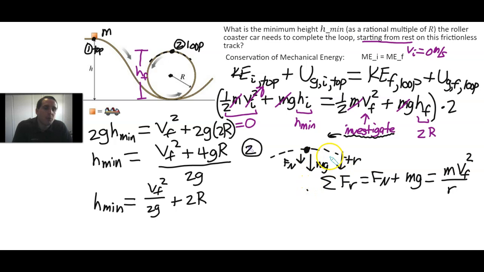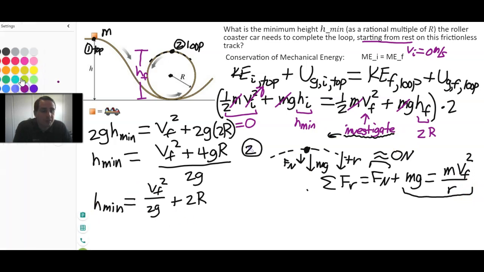So if we want to barely make it through the loop, barely making it through the loop will actually have the normal force going to 0 newtons. In other words, we will just barely make it through the loop. This will be the minimum velocity, where at that one moment we don't have any normal force. So we're only going to have mg equals mv squared over r. And the v squared is that v final that we've been talking about.